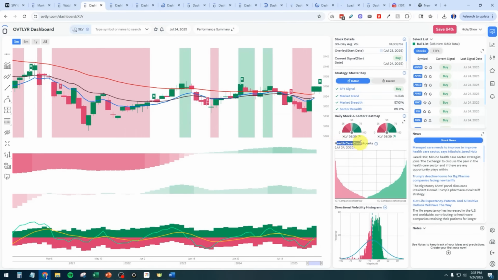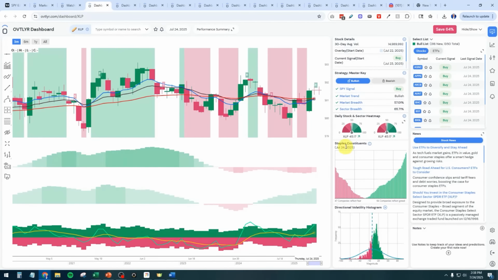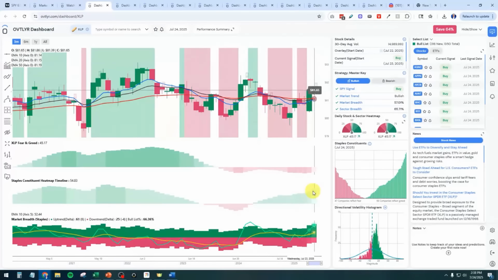Remember, you can always look over here no matter what stock or ETF you're in and it'll tell you what sector it's in. The average healthcare sector is getting more fearful. It may have bottomed actually, 52.99. Yeah, it's slightly higher today, so this would have a positive fear and greed score. Okay. Next one. Staples, positive fear and greed.